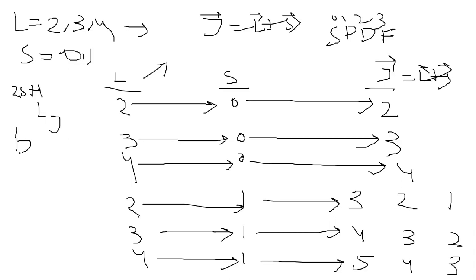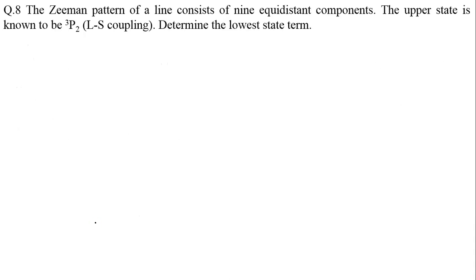So this is 1D2. Similarly for L equal to 3, it is 1F3, then 1F4, like that. There are different names of the spectroscopic notations of the energy levels. We will be studying about this in upcoming lectures, and discussing in more detail how they are calculated. So let's go to the next question.